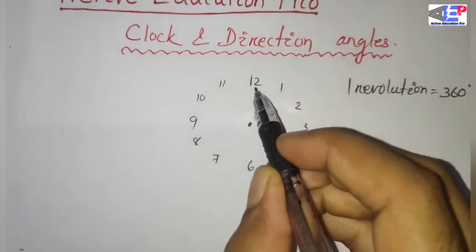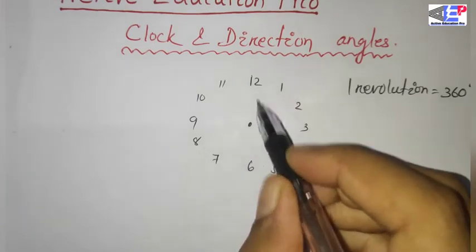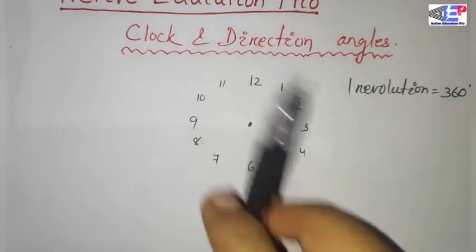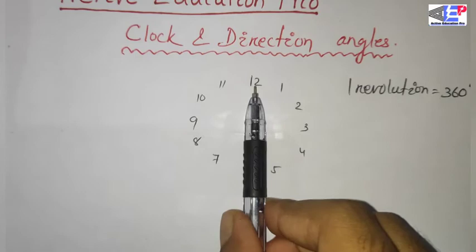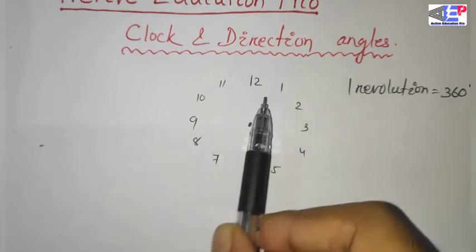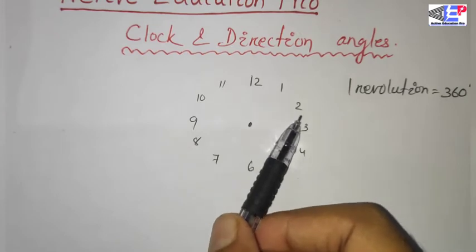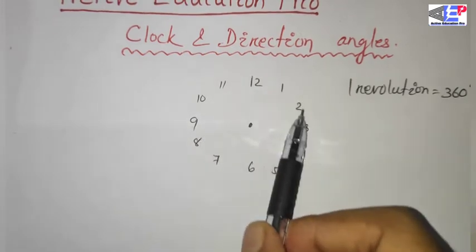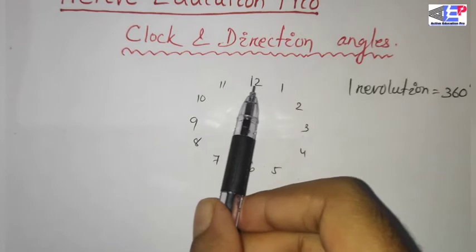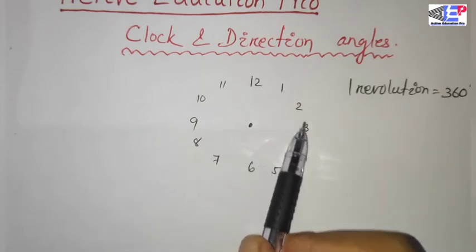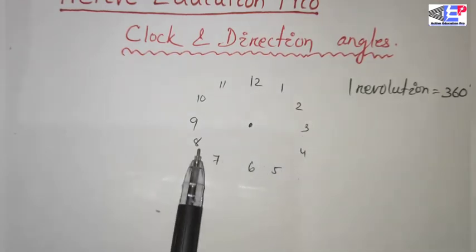If our hand moves from 12 to 3, then the hour hand moves 3 equal segments: 1, 2, 3. The full circle of the clock divides into 12 equal segments: 1, 2, 3, 4, 5, 6, 7, 8, 9, 10, 11 and 12.